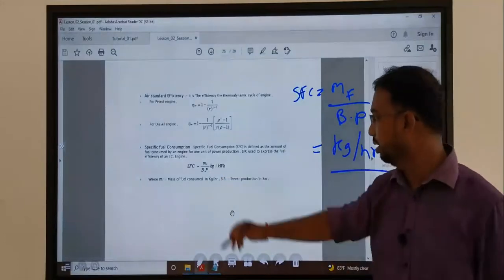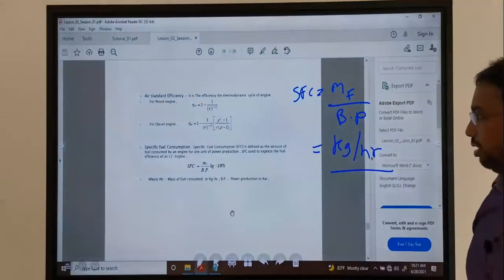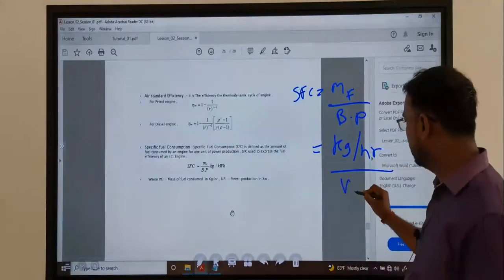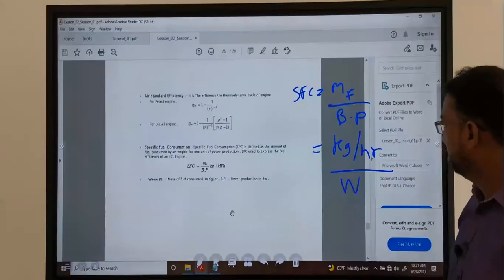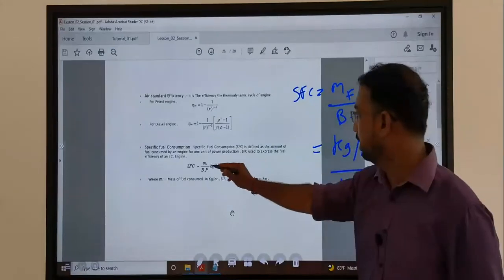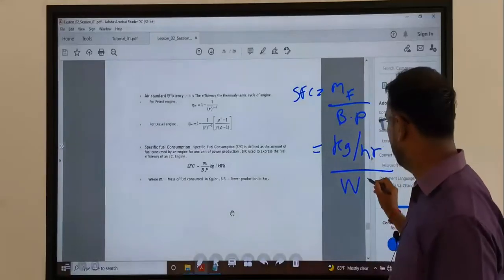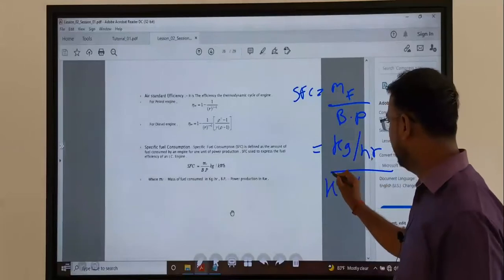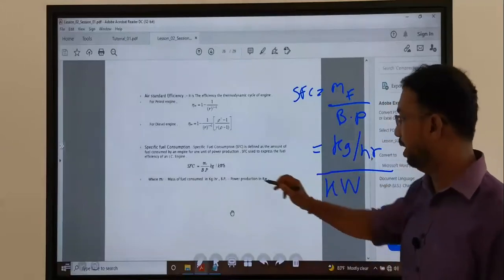Brake power means watt. So what happened? The hour comes to here. Sorry, this is kilowatt. Here we use the kilowatt.